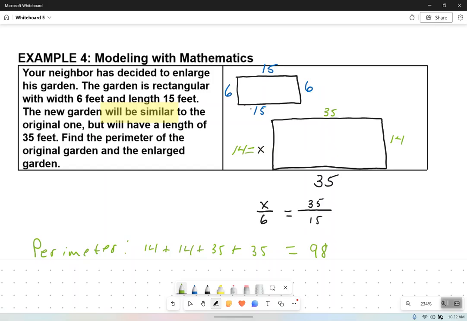Guys, what's the perimeter of the small one going to be? I should write big perimeter here. And how'd you get that? 15 plus 15 plus, and you said that was how much?